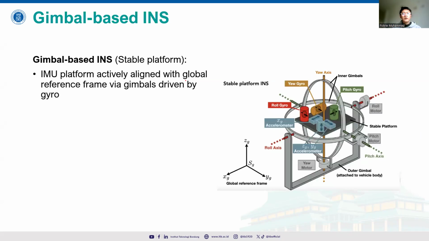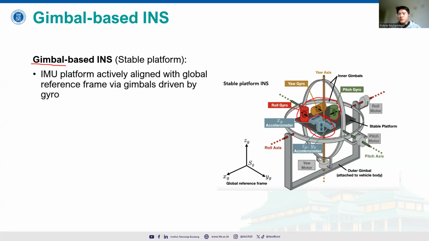All right. First, we're going to talk about the gimbal-based INS, or stable platform INS. This is a stable platform because it sits inside the gimbal. As we can see from the picture here, we have the accelerometer sensors and the gyroscope sensors mounted into this stable platform, or the motherboard, for example.